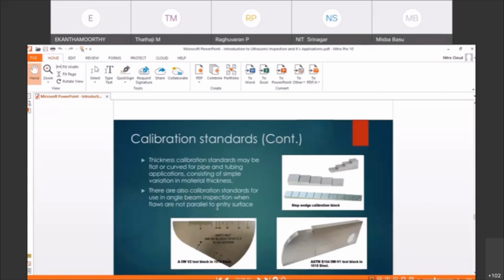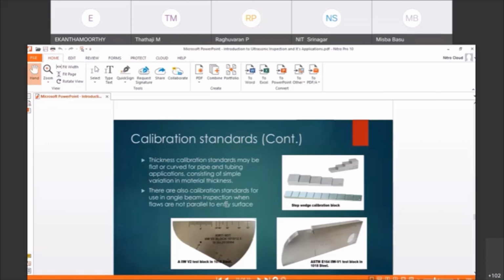So generally here, as I told, I have discussed normal beam inspection and angle beam inspection. One more most important point on why we are using angle beam inspection is this: suppose the defect is perpendicular to the beam, it's okay. But if it is parallel to the probe, in that situation, normal probe inspection will not detect it. So we will use angle beam so that the incident beam will strike perpendicular to the surface of the indication.